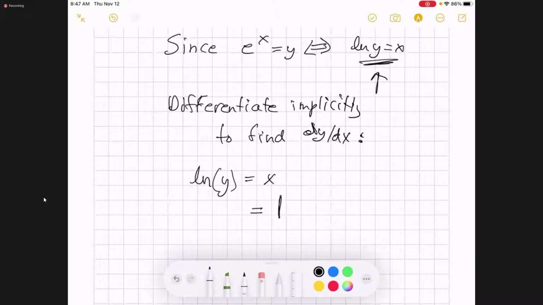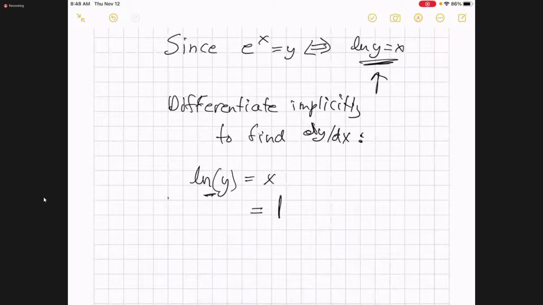Y is a function, and we have natural log of that function. So I have to use the chain rule over on the left-hand side. So 1 over y, that's because of the log, but then it must be multiplied by dy dx, chain rule.